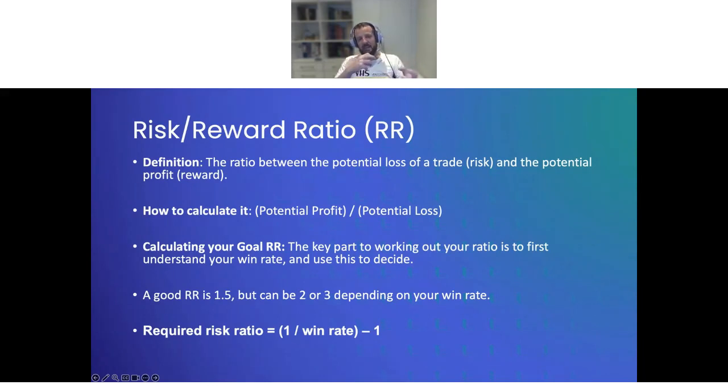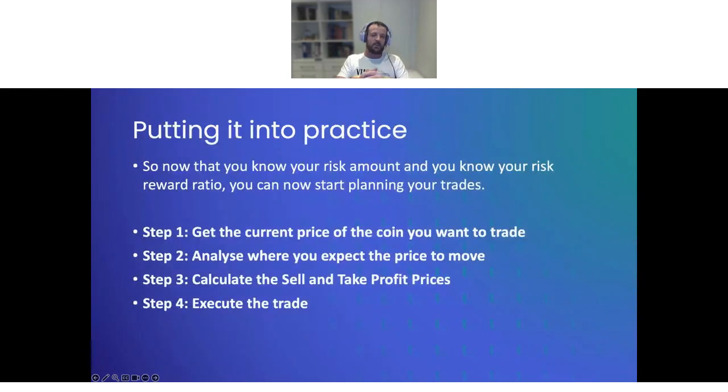So I think now that you understand what your risk reward ratio is, and you understand what the risk amount is of your portfolio, you really now have a clear indication of how we put this into practice. So I think typically, if we look at it without margin and just with a standard account, what you would do is get the current price of the token or the coin that you want to trade or invest in.